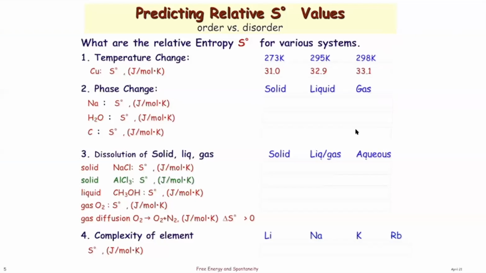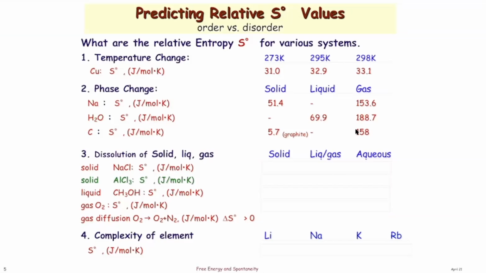Here, the entropy at 298 is greater than at 273. That's what is expected. Here, the entropy of a gas is greater than a solid. That's expected as well. Here, the entropy of the gas is greater than the liquid. That's expected as well. Here, the entropy of the gas is greater than graphite.